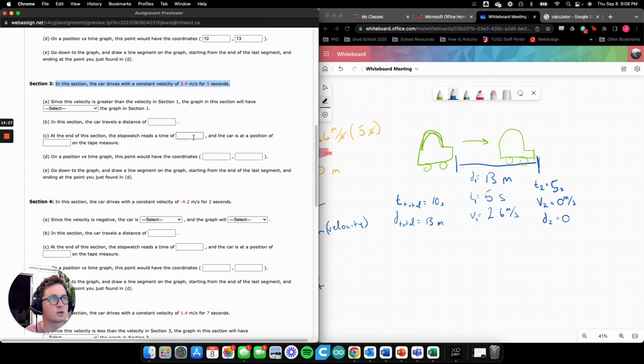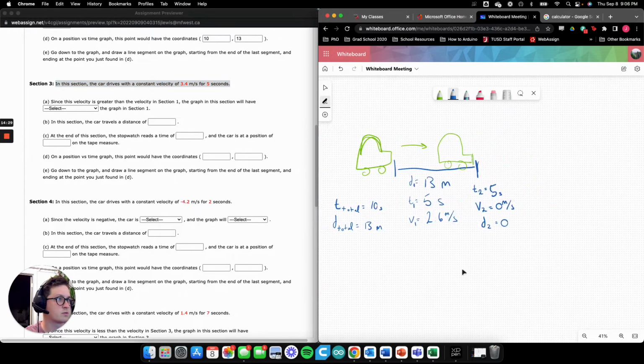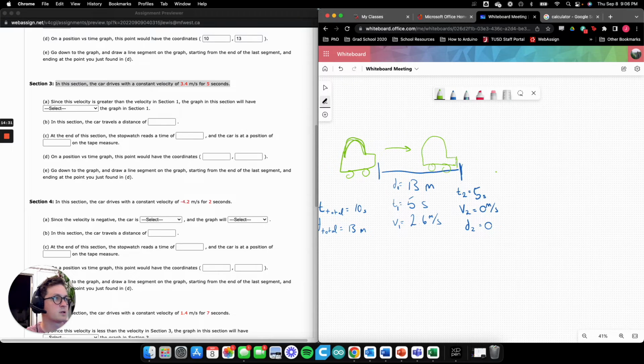Next section, the car moves forward, so we're going to move the car forward again. All right, so the car travels down, it ends up here. So the car moved forward again.